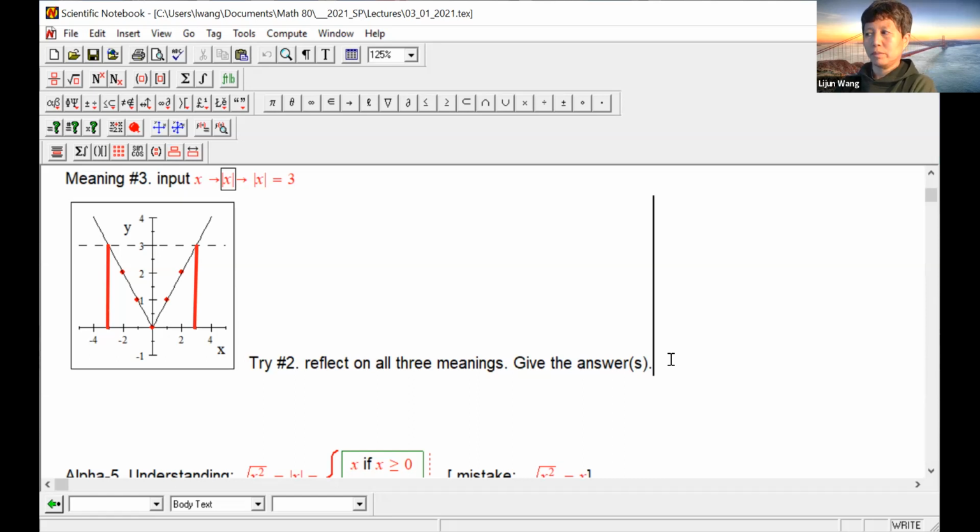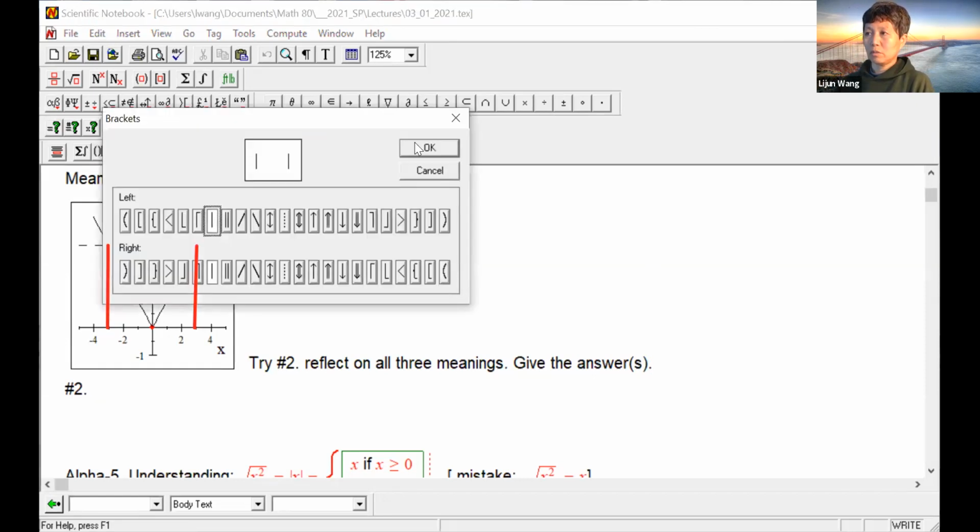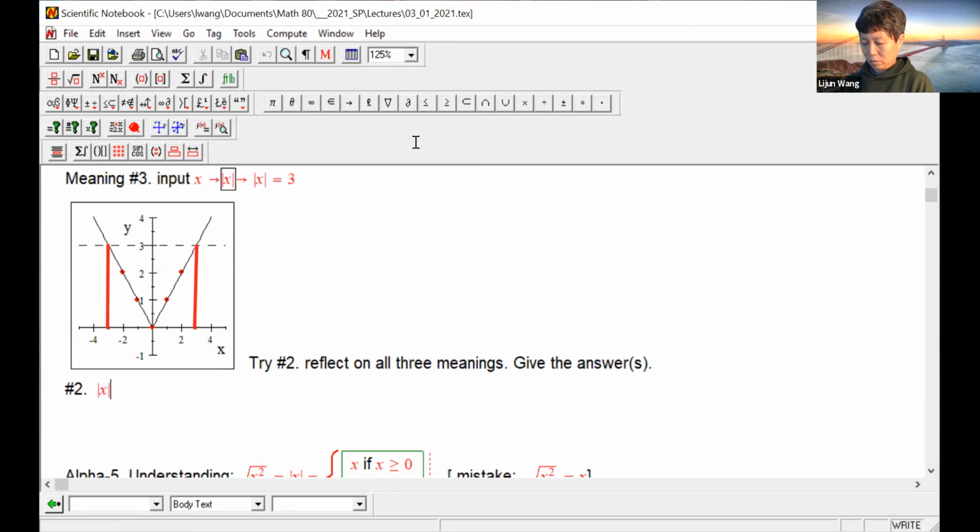Try number 2. Absolute value of x equals √5.